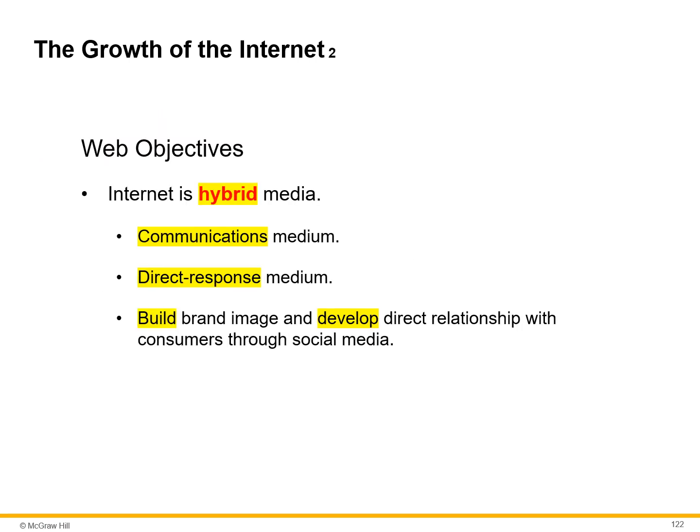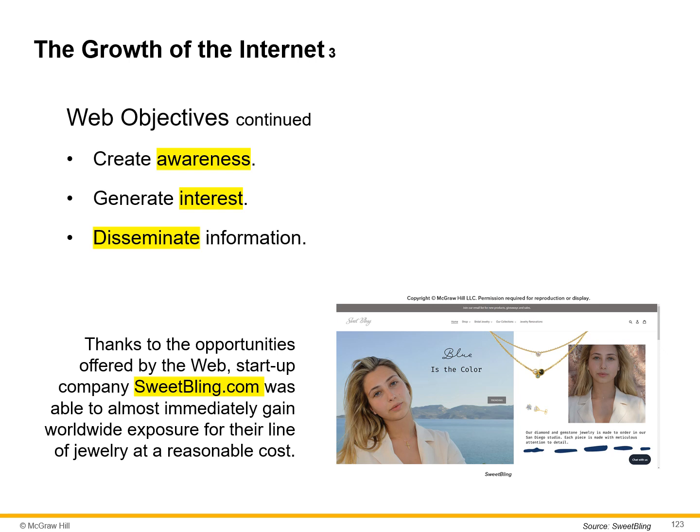The objectives of using the internet or web can be achieved because the internet is a hybrid medium. It has advantages of many traditional media: newspapers, magazines, broadcast media. It's a communication medium, a direct response medium, and you can build image and develop relationships with consumers through social media. You can use the internet to create awareness, generate interest, and disseminate information.